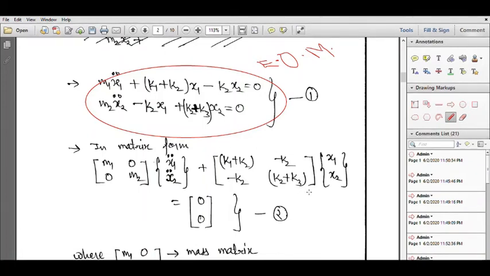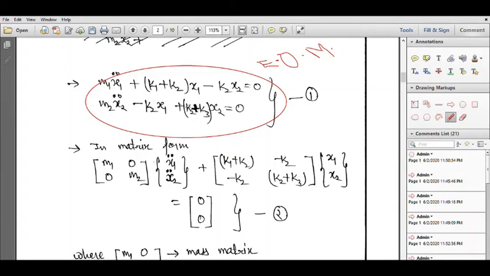Again it's a 2 cross 2 matrix multiplied by a column matrix of x1 and x2, the deformation part, and it is equal to a column matrix 0 0. So if you solve this entire matrix product and add them, and equate them with the 0 column matrix, you will get the same equations of motion. You can solve them, you will get the same equations of motion.